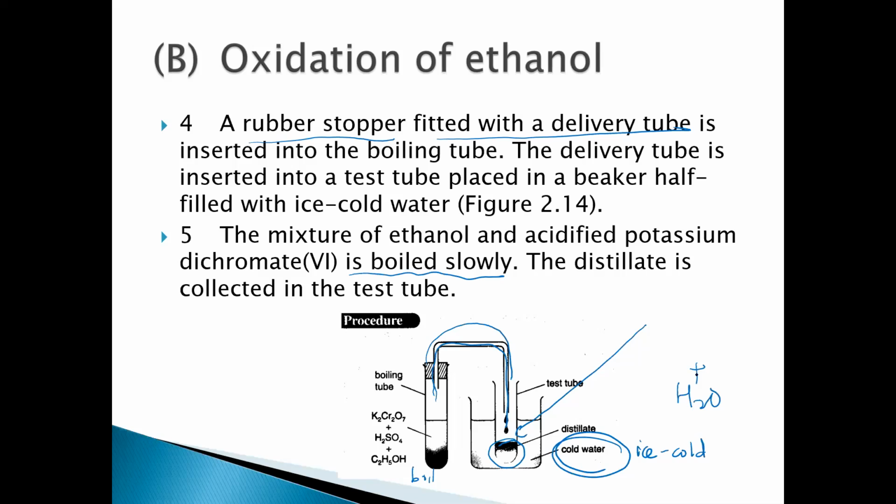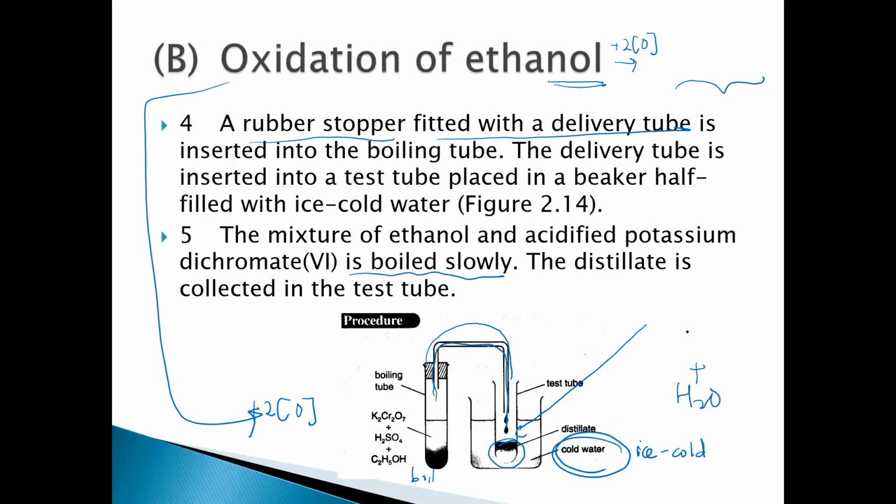Today I taught you two things. Oxidation of alcohol, the teacher adds 2O. This is my 2O, this one the teacher adds 2O. This is my oxidation. If you see the word oxidation, you must remember 2O. What did I get? Ethanoic acid.